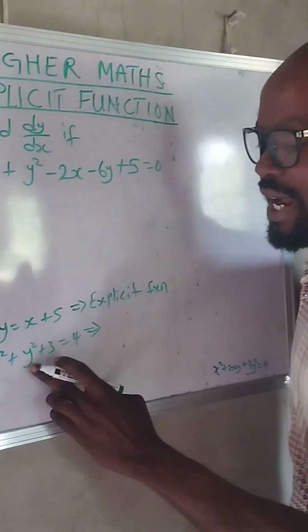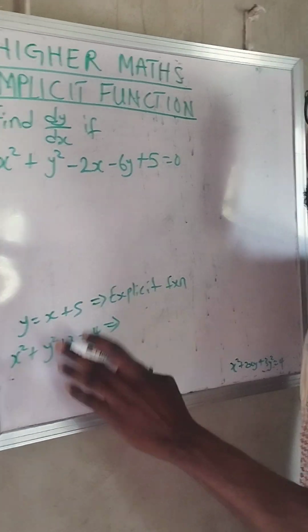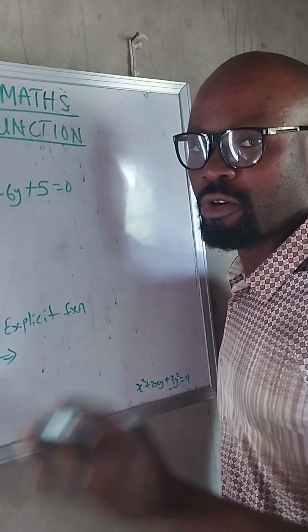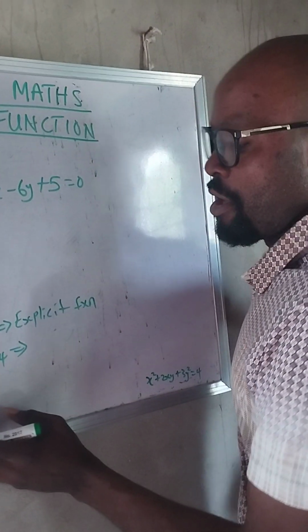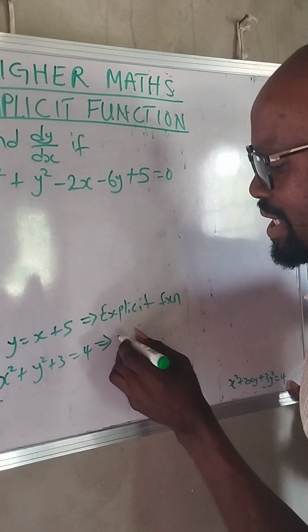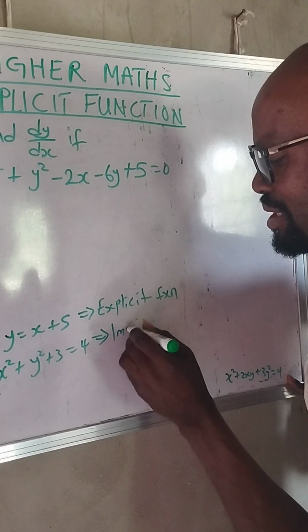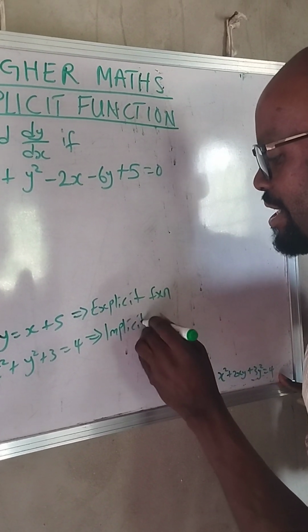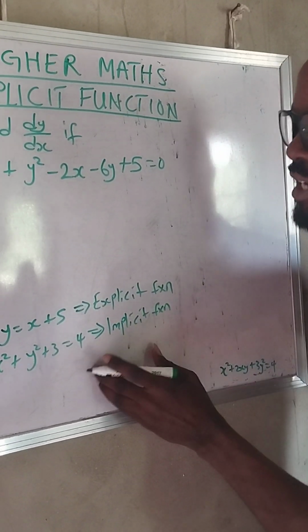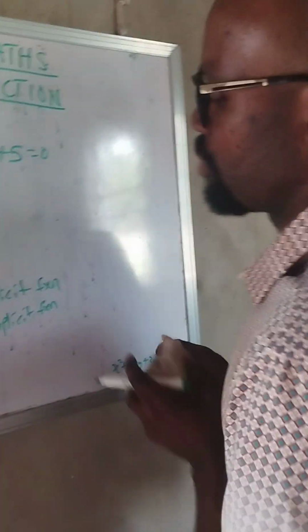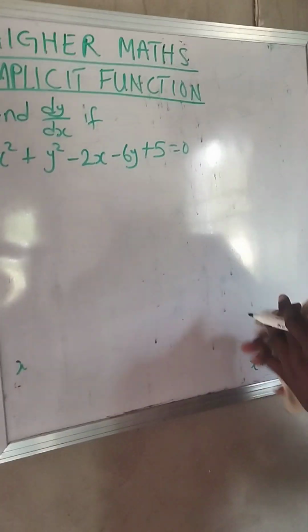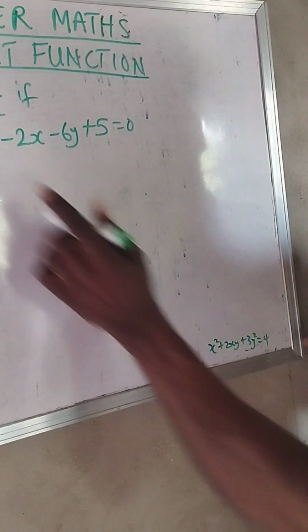The value of x and the value of y are mixed together, and it is very difficult to separate both of them. When you have a function like this, it is called an implicit function. And you can solve a problem of implicit function using what is called implicit differentiation.